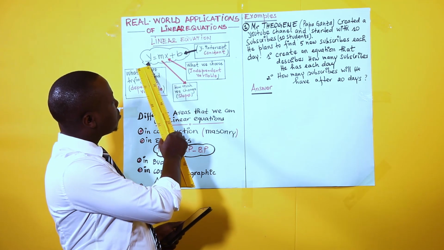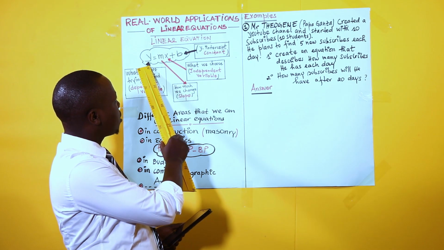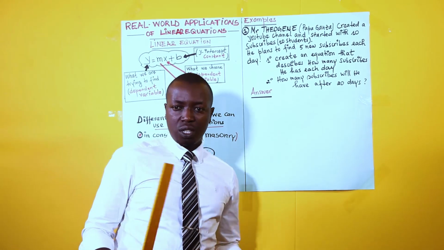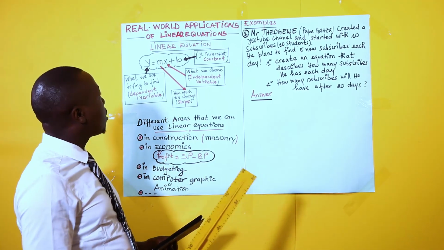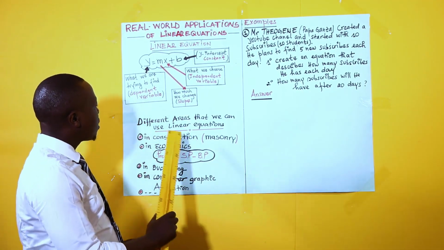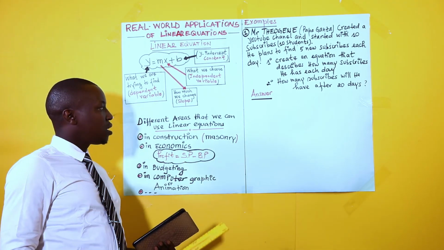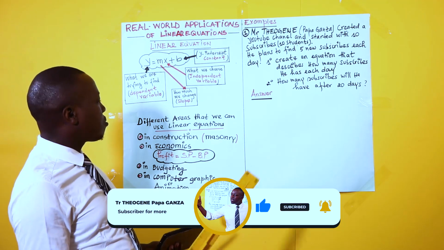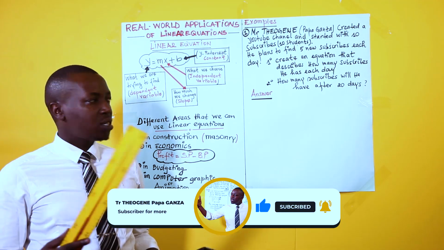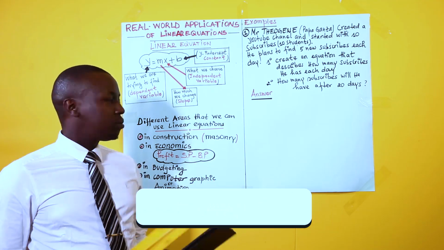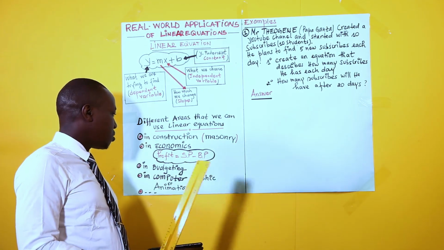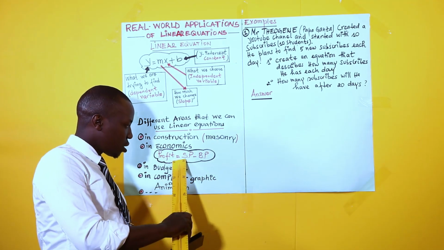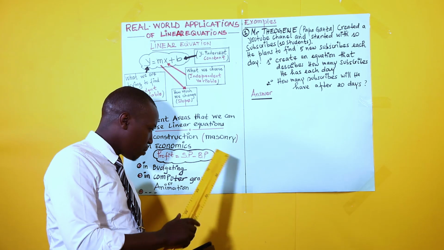As you see this linear equation, today we are going to see some applications where you can apply linear equations. There are many different areas where you can use linear equations, like construction and masonry. In economics, you can find profit by using SP, the selling price, minus the buying price.